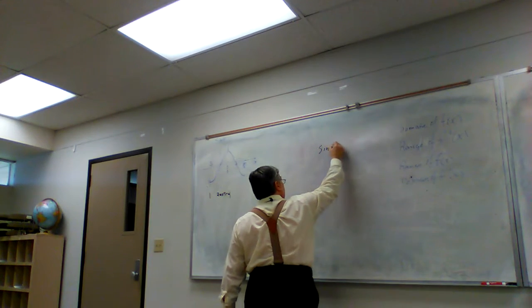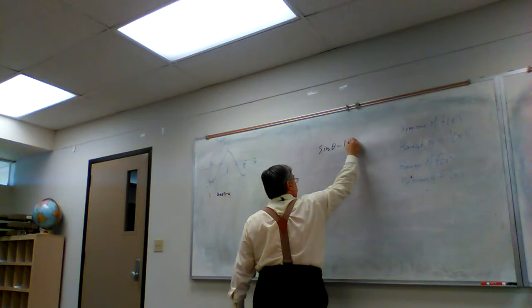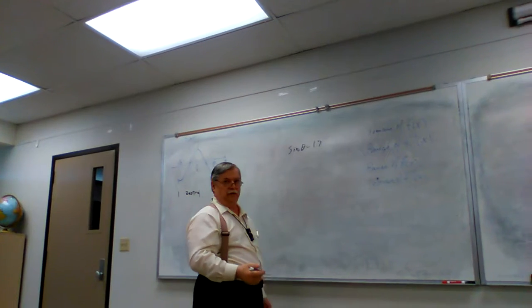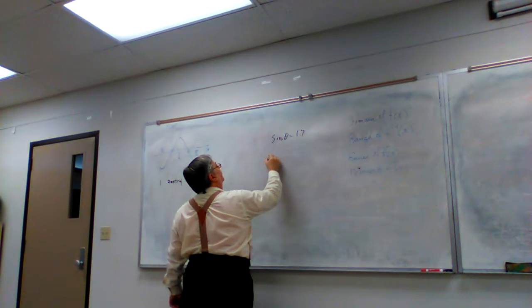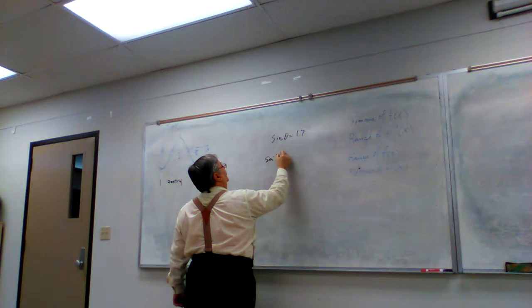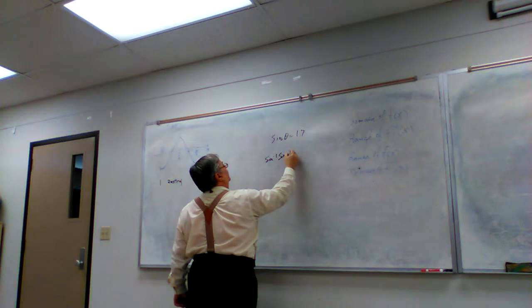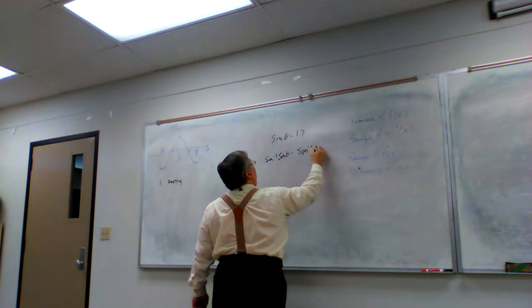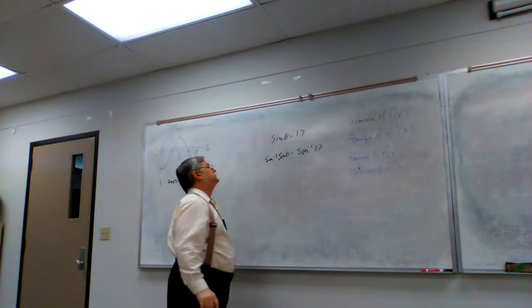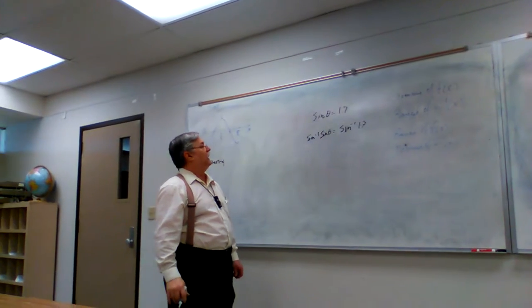The sine of theta is 1.7. That cannot happen. So the inverse sine of the sine of theta equals the inverse sine of 1.7. And that cannot happen.